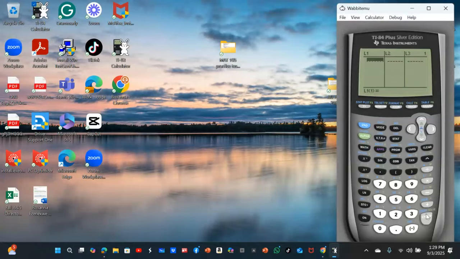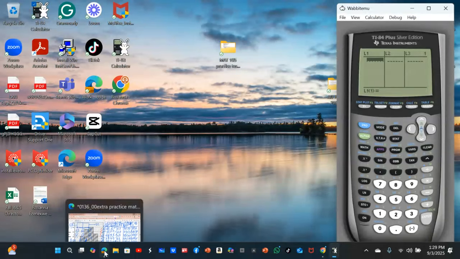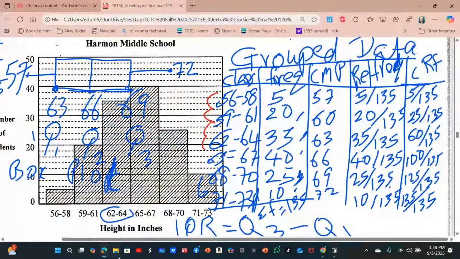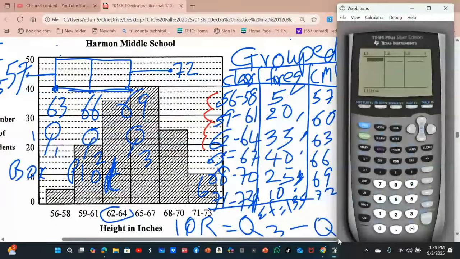Do one variable stat. We already did one variable stat and we found the mean, found the 5-number summary. We can go ahead and put the data in again because I want us to make sure we understand this, since our test is coming very soon.